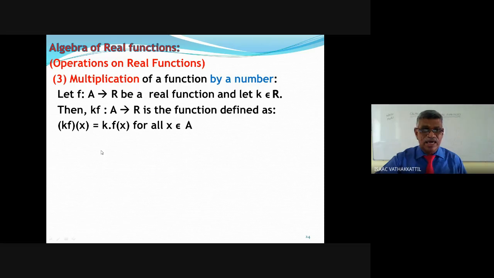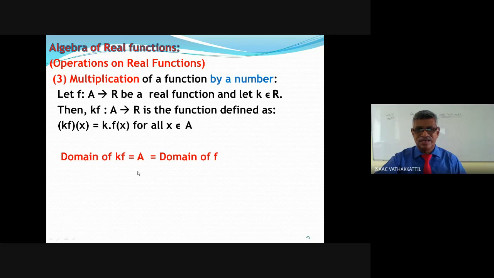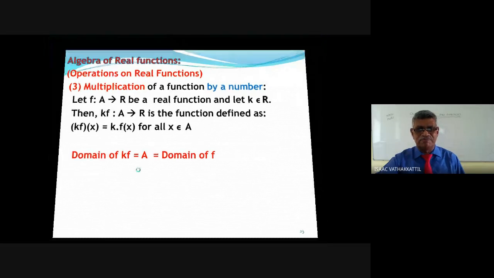It is defined as (kf)(x) equal to k multiplied by f(x). So the domain of kf is as good as the domain of f.